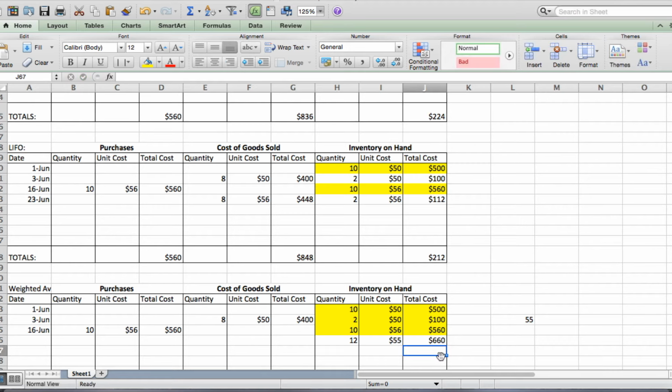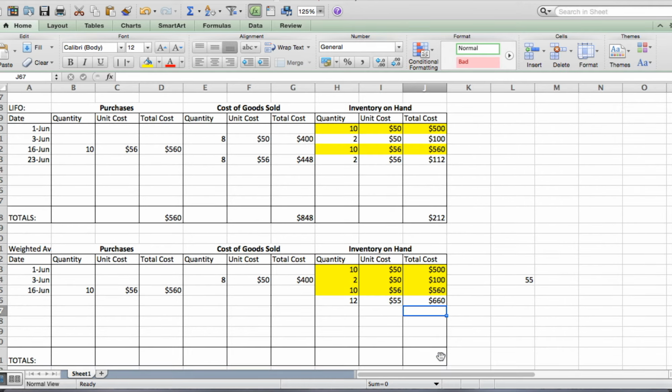That's my new unit cost right now under weighted average. So when I sell my final 8 units on the 23rd, we have 8 units. Unit cost is $55 for a total of $440.